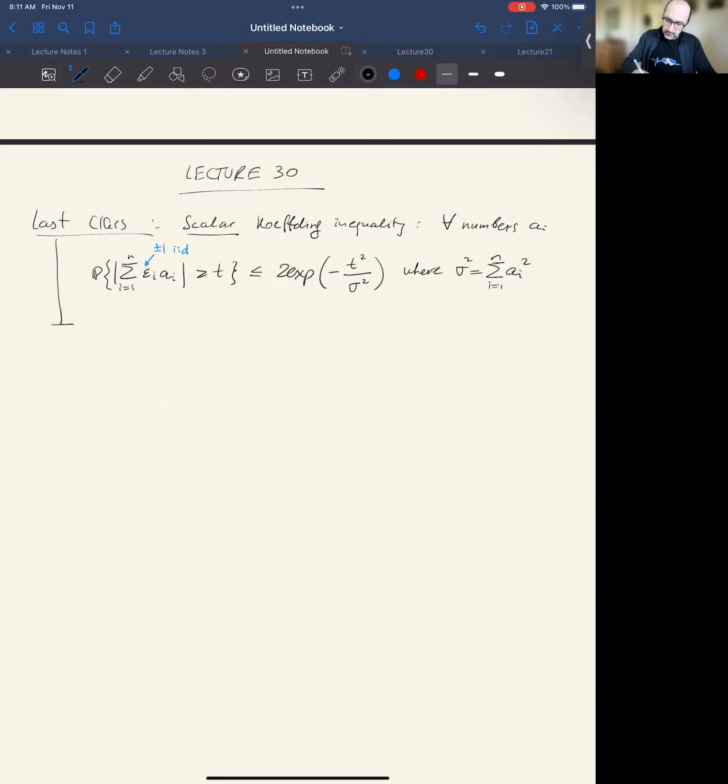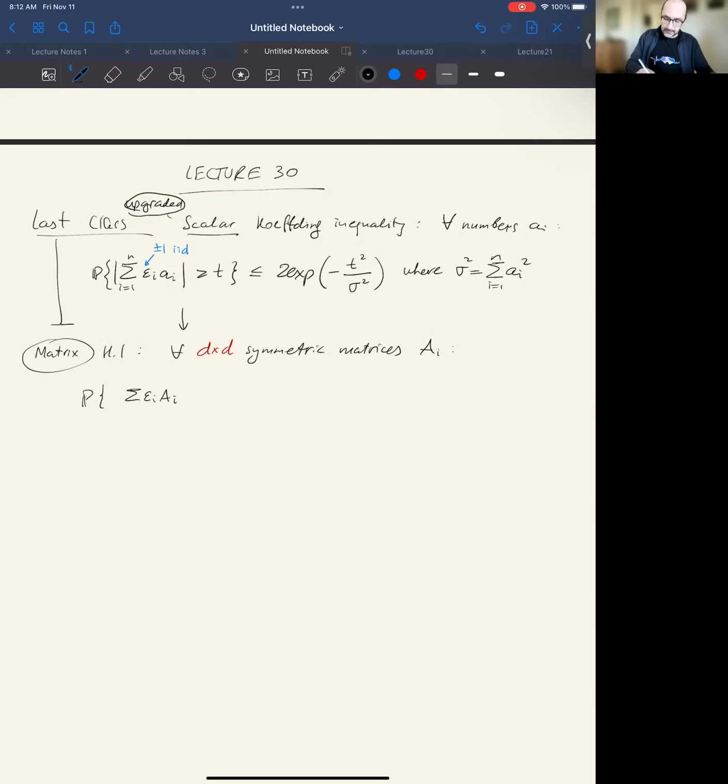What we did, we upgraded scalar Hoeffding's inequality to the matrix form. So now we have a matrix Hoeffding's inequality, which says that for any d by d symmetric matrices a_i, a similar thing holds. We look at the sum of epsilon_i a_i. Now this is a matrix.